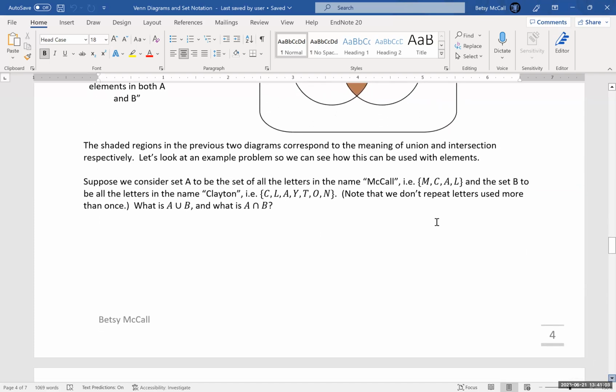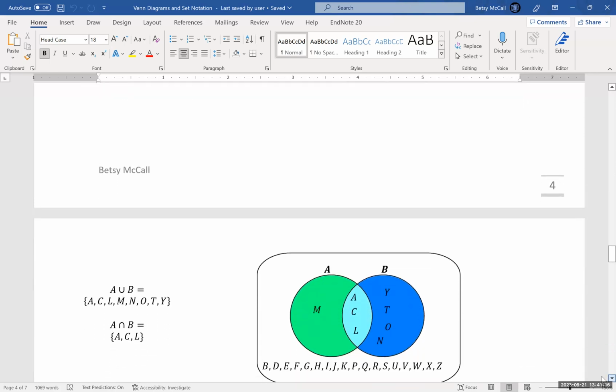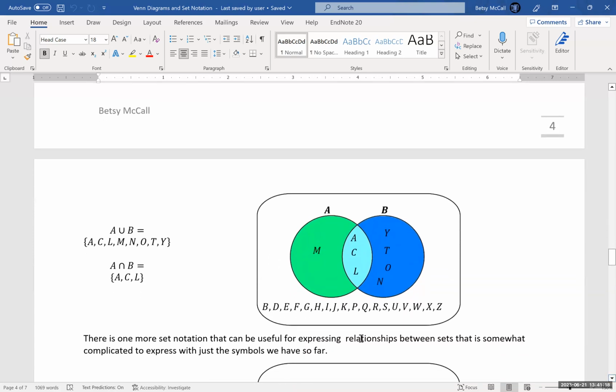I've done some examples here with the letters of the last name McCall and all the letters of the last name Clayton as our two sets. The letters in the name McCall are M, C, we don't list C twice, A and L, we don't list L twice.